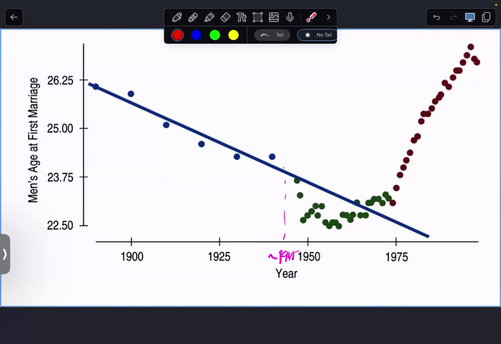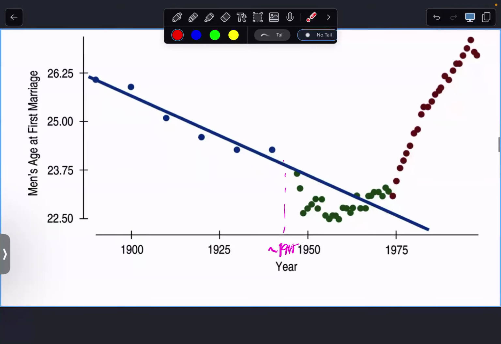After 1945 to 1975-ish, use this nonlinear model, right? Looks nonlinear to me. And then after 1975, you can go ahead and use this strong positive linear model probably, right? So you can do that, but the caution is to use the line outside.